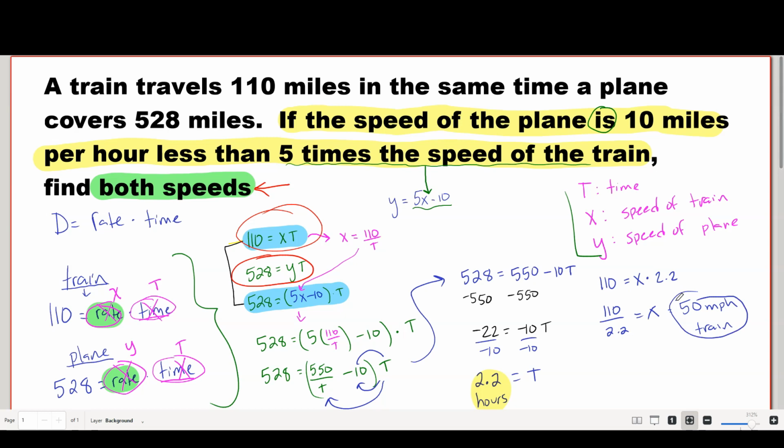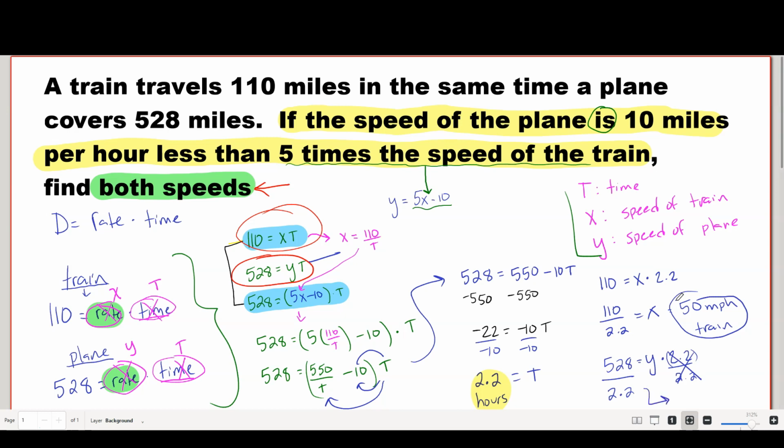So that's one of our answers. And we need to find the speed of the plane, which means we need to tell what y is. And we can do that by going back to this equation, which says 528 equals y times t. But now, again, we know that t is 2.2, so we plug in 2.2 there. And we divide 528 by 2.2, both sides, of course.